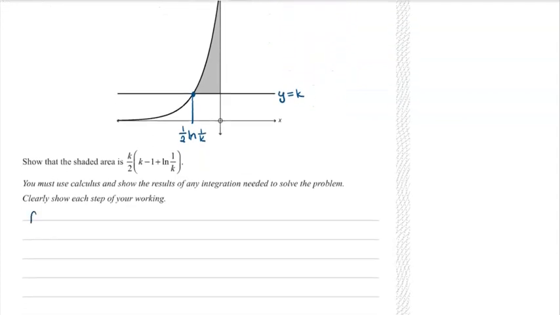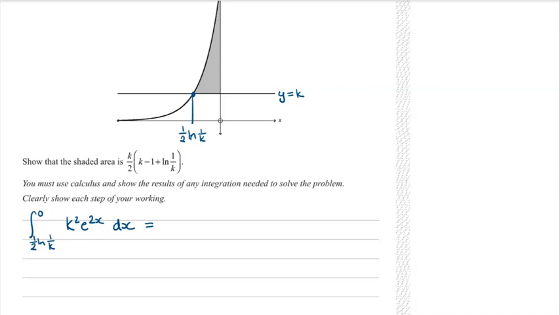So the area will be between half natural log 1 over k and 0 of the equation of the curve, which was k squared e to the 2x dx. And we just need to remember that will give us the shaded area that includes this bit here as well. I'm going to take that off at the end, so I'll come to that in a bit. I just need to remember not to miss that step at the end.